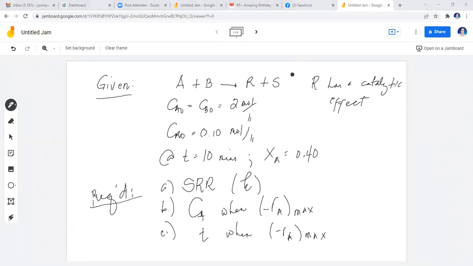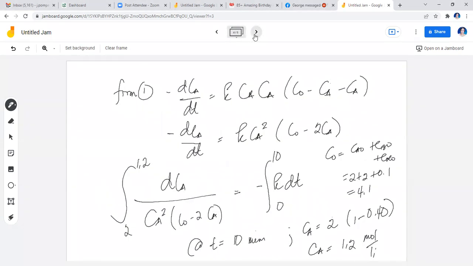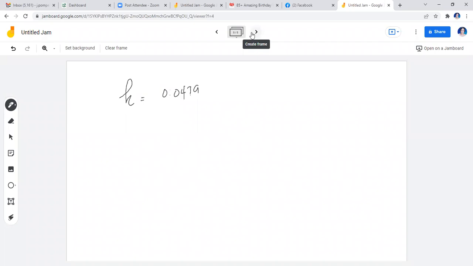Thank you, Jericho. That's the correct answer, the answer of Jericho. I already repeatedly showed to you how to determine the units of the rate constant. It should be liter squared per mole squared per minute.